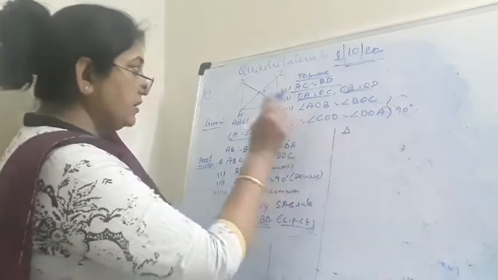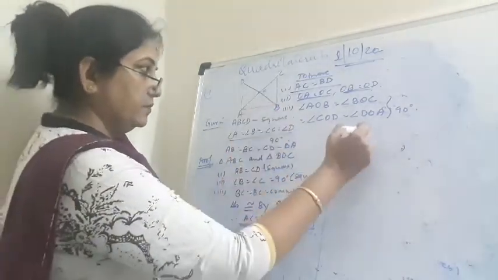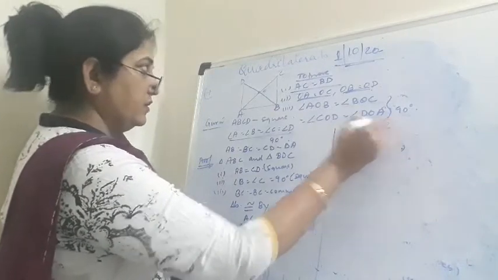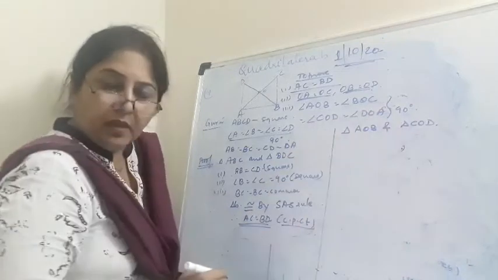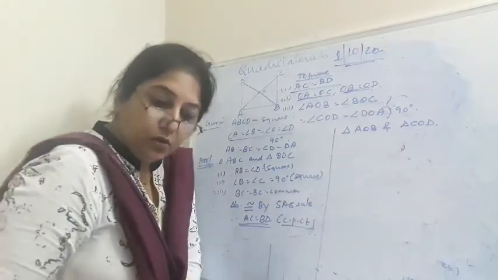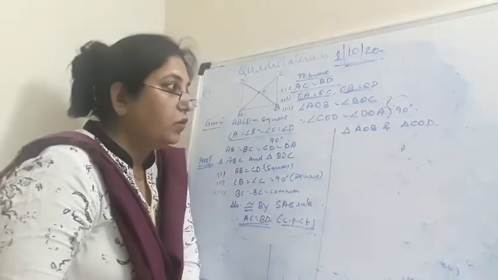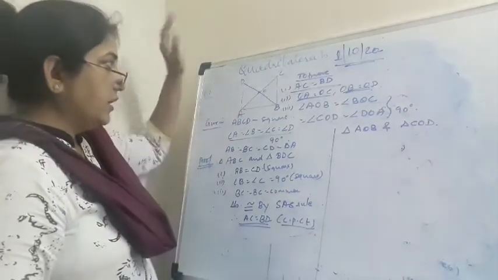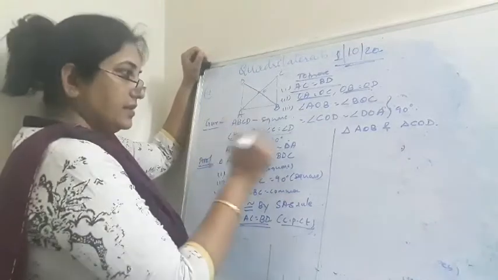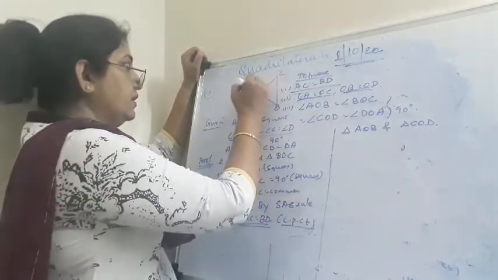We will now consider triangle AOB and triangle COD. Now if I take the two triangles AOB and COD to be congruent.